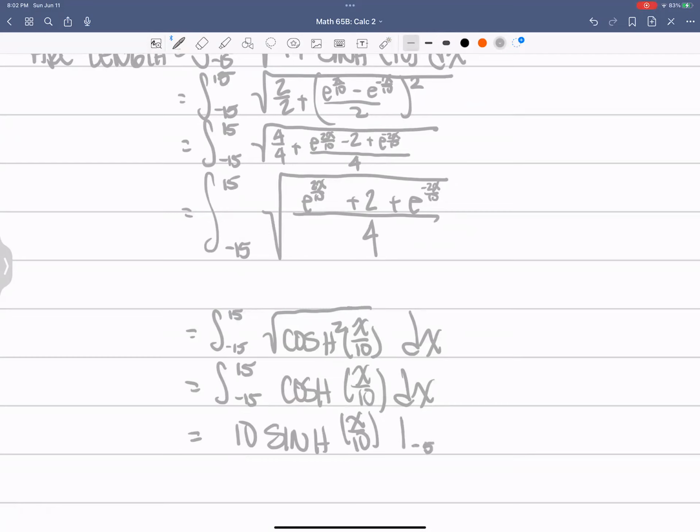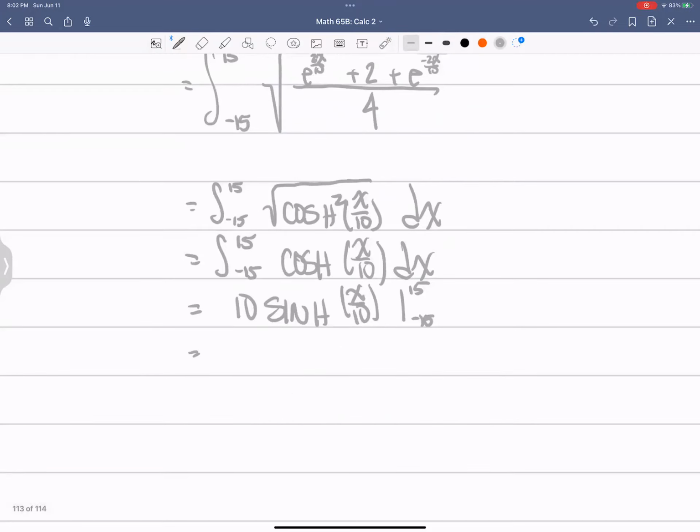Evaluated from negative 15 to 15: 10 hyperbolic sine of 15 over 10 minus hyperbolic sine of negative 15 over 10.